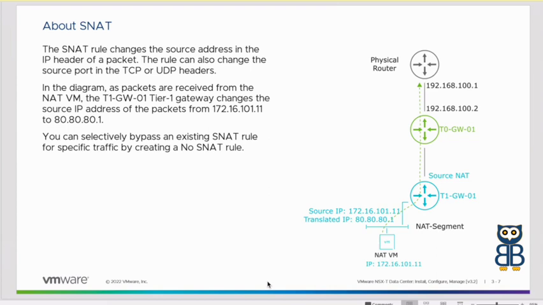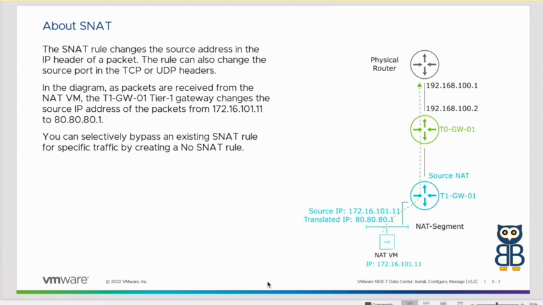Take an example: you have a NAT rule which says if my web segment subnet, 172.16.10.0/24 or something, is a source subnet, translate that to some other IP. So you've defined a source NAT rule like that. But then for a specific communication, you say, hey, I don't want source NAT to happen on this communication.